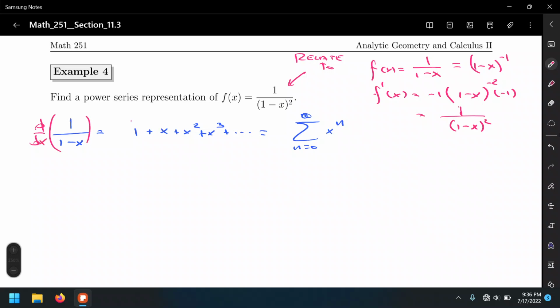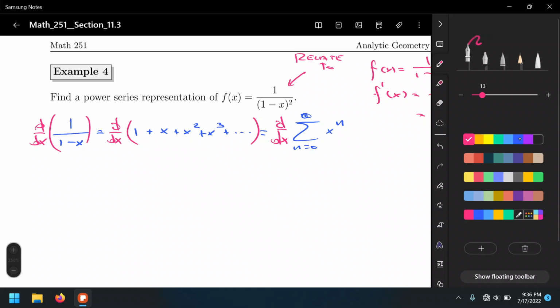d/dx. So let's take the derivative of 1 over 1 minus x. Well, we already did, so that's the result that we want to obtain.